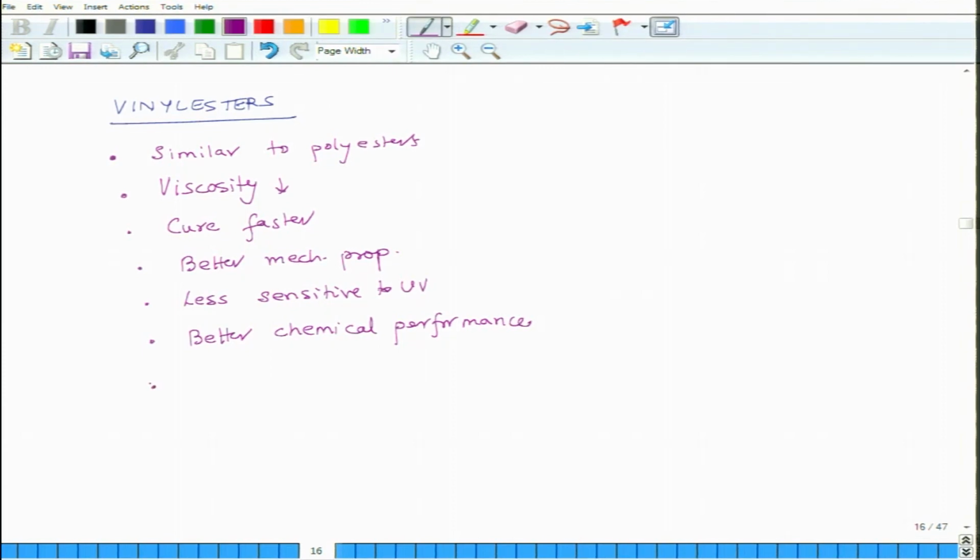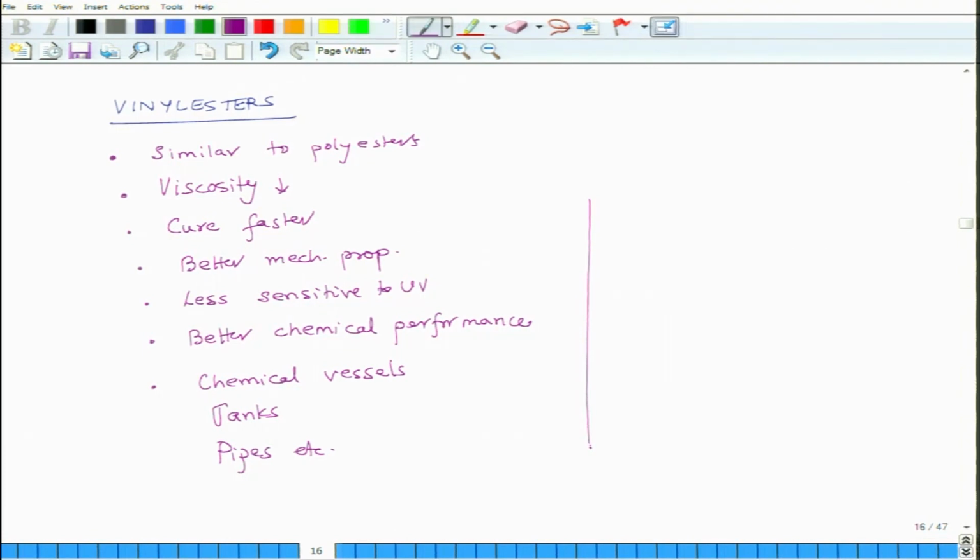And where do we use them? We can use them for chemical vessels, tanks, pipes, etc. Okay.